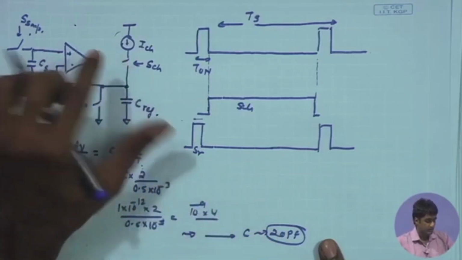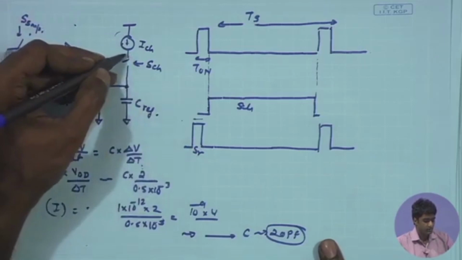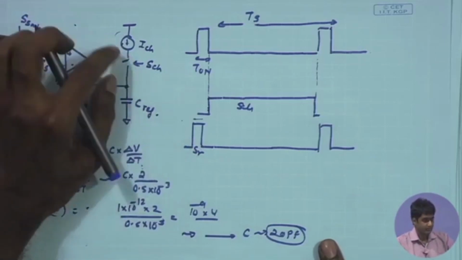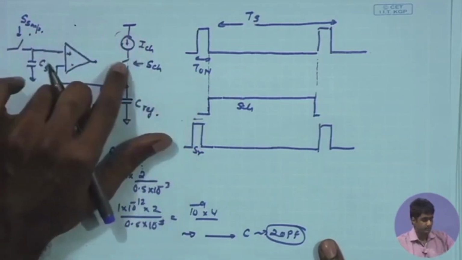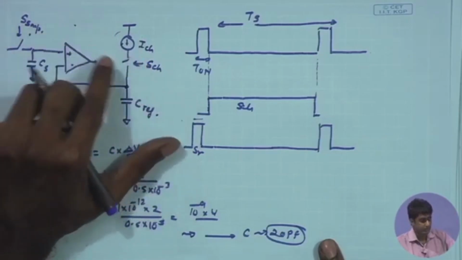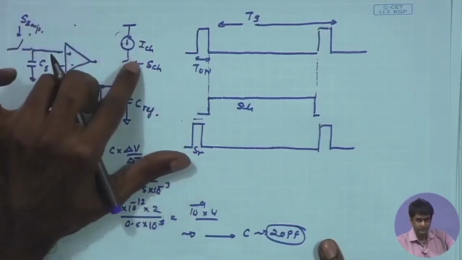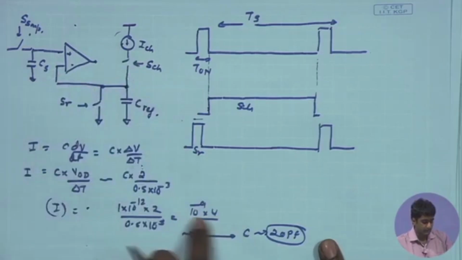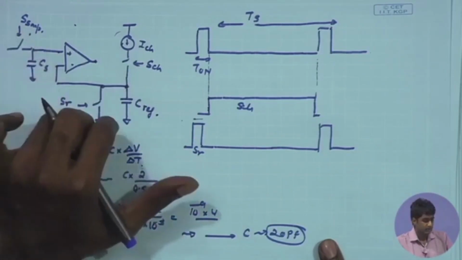we need not worry about the voltage drop across the switches. Even if they are minimum size and the R on of the switches is, suppose, say 10 kilo ohm, as we just discussed, here we are looking at a current which is maybe a fraction of a microampere, 10 to the power of minus 7 or something.